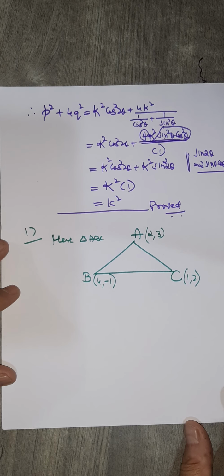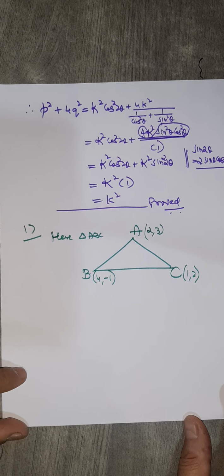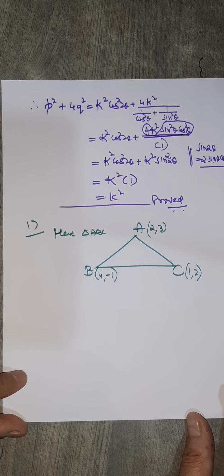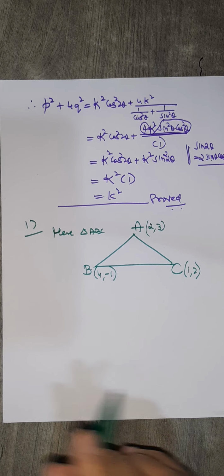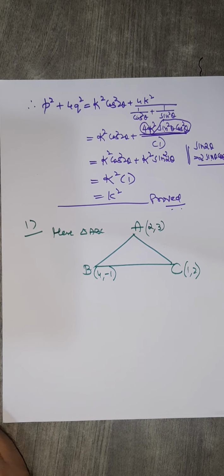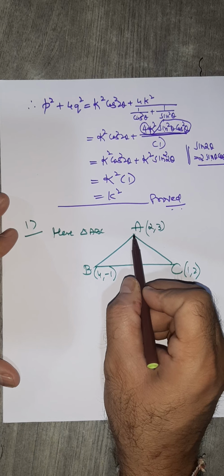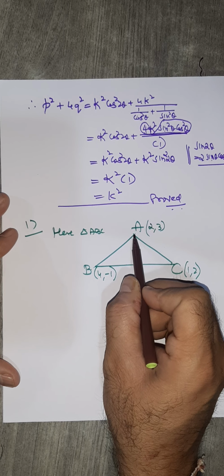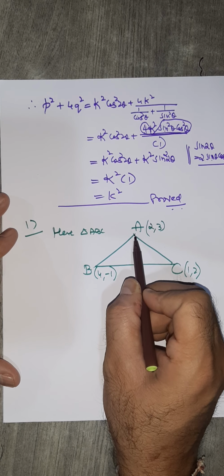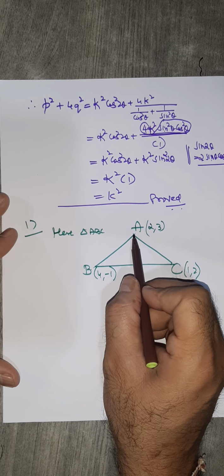Find the equation and the length of altitude from the vertex A. Okay, so first let's get the equation, then we'll think about the length. Through the vertex A, from this vertex we want the altitude. So like this. Equation of altitude from the vertex.